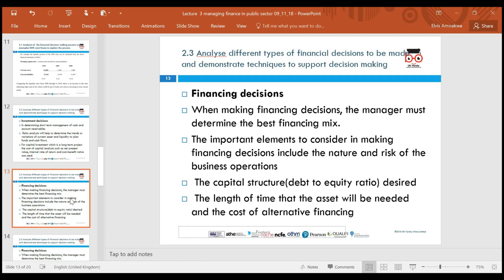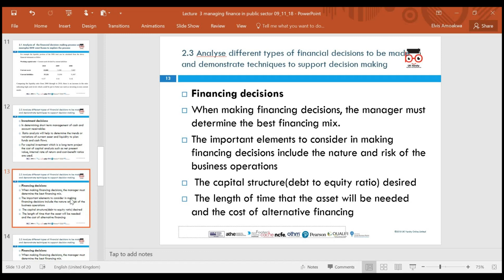And the important element to consider in making such decision is to look at the nature and risk of the business operation. So when you're making any financial decision, the nature and the risk of the operation must be taken into consideration. And then we have to look at the capital structure, which is the debt to equity ratio, right? As well as the length of time that the assets will be needed. And the supply. Cost of alternative financing.